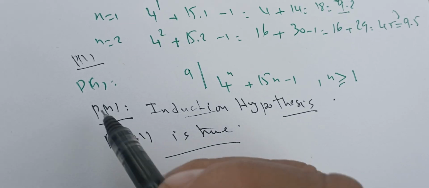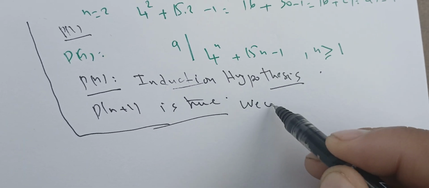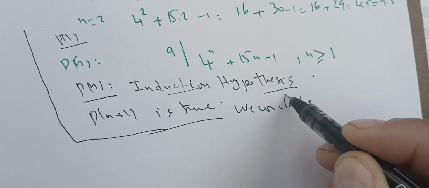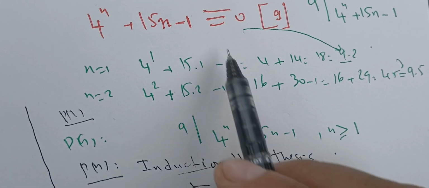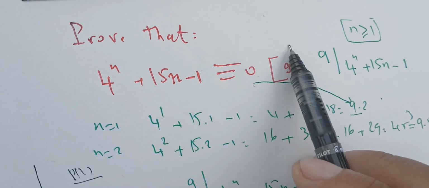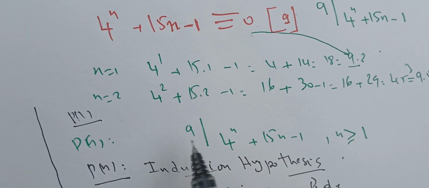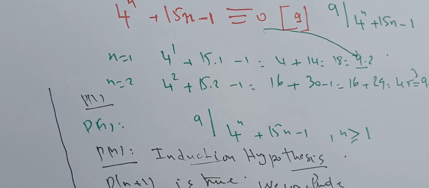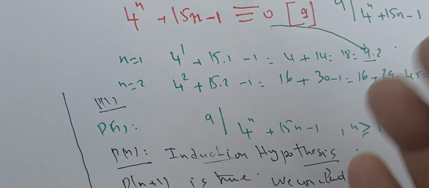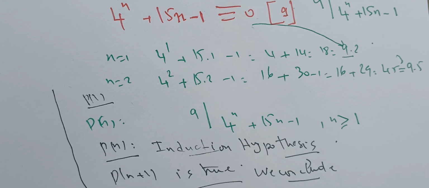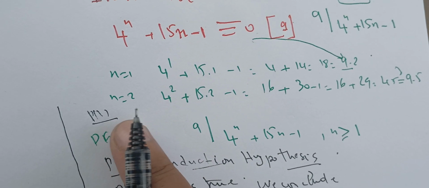Once we do these steps, we conclude, and most of the time we say that this is true for all n bigger than or equal to 1. So let's work it out. You can stop here and do all the steps by yourself, or you can continue the video if you have seen this before.